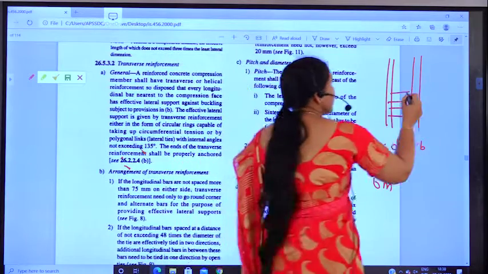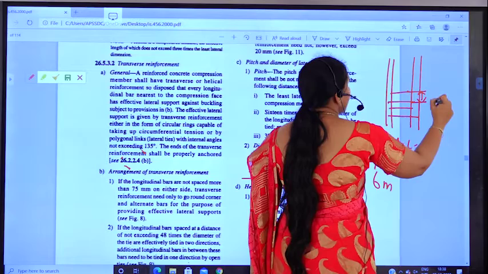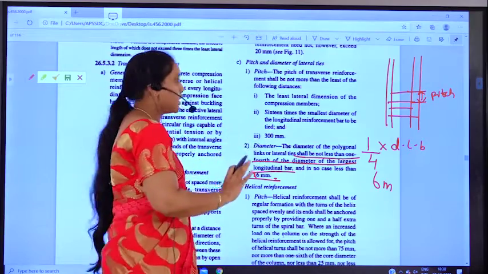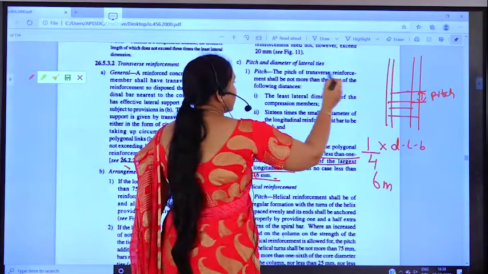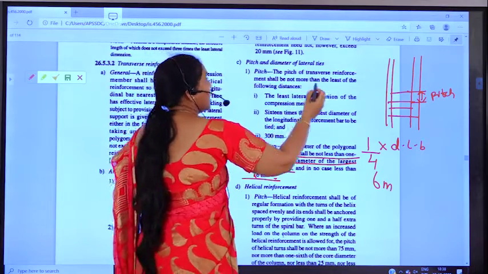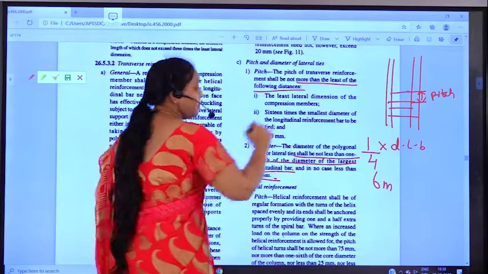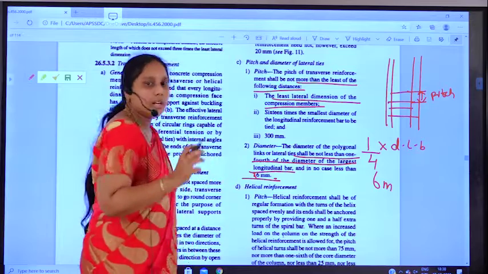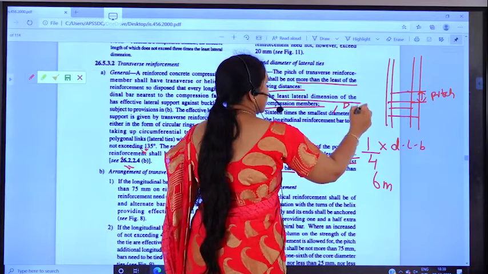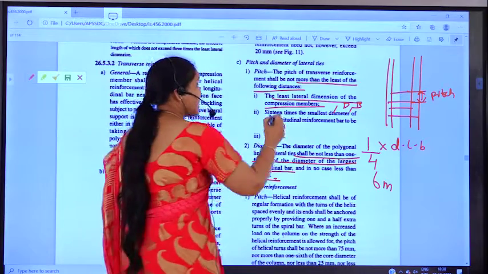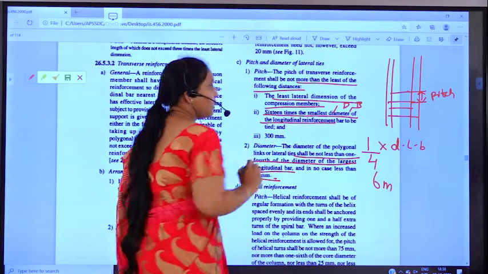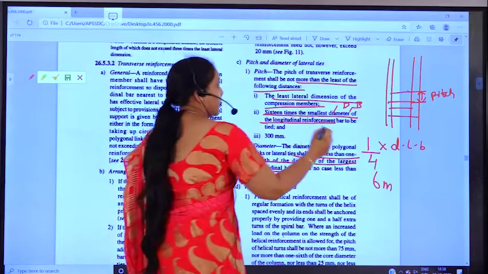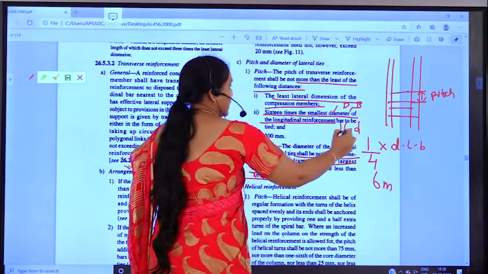So what should be the pitch, that is, the distance between two lateral ties? For that also there is a clause given in IS 456, and in that clause the transverse reinforcement, that is the lateral reinforcement, shall not be more than the least of the following three. One is the least lateral dimension of the compression member, that is, you have to take the least dimension, either D or B. The other is 16 times the smallest diameter of the longitudinal reinforcement bar, that is, you take the least bar diameter and calculate 16 times that.